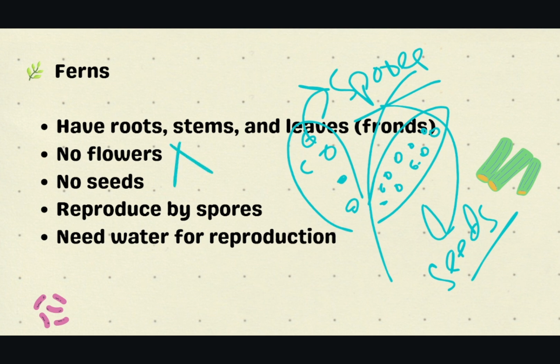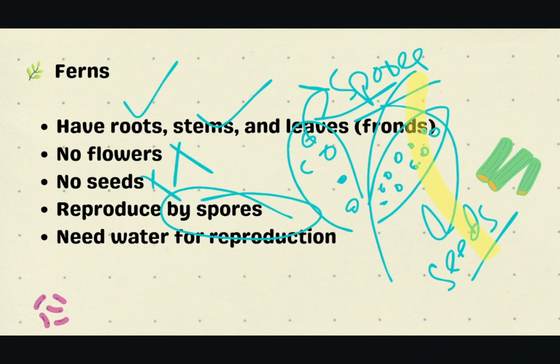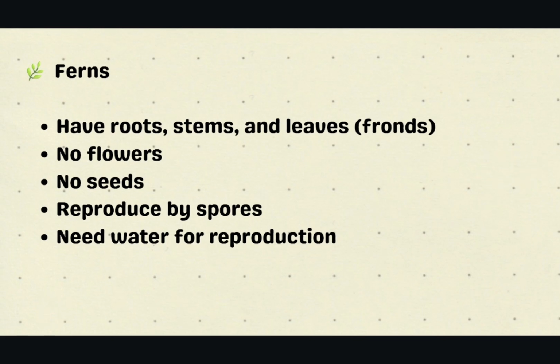So they have no flowers, they do not have any seeds, rather they develop by spores. And they also, of course, need water for reproduction. All plants need water, and they have proper roots, stems, and leaves. And we call their leaves fronds. They're known as fronds, all right? So I hope ferns are clear to you all.